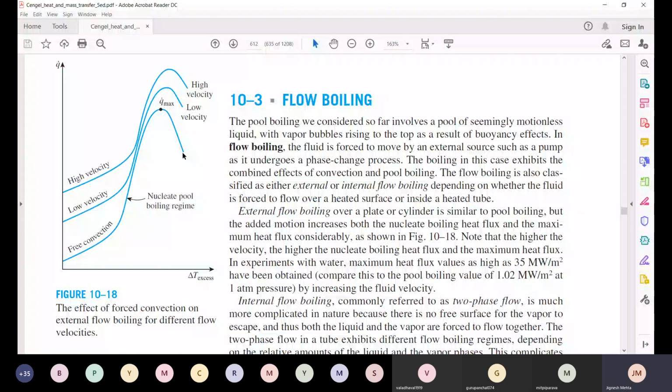flowing, or it is made to flow, generally there will be some external agency. Like boiling is occurring, as I gave the example of the evaporator of a refrigeration system, the evaporator of your air conditioner or of your domestic refrigerator.